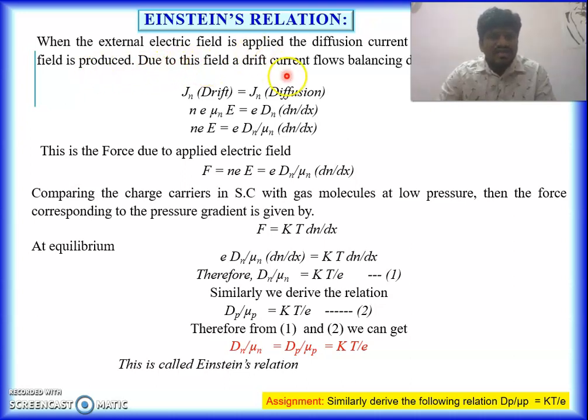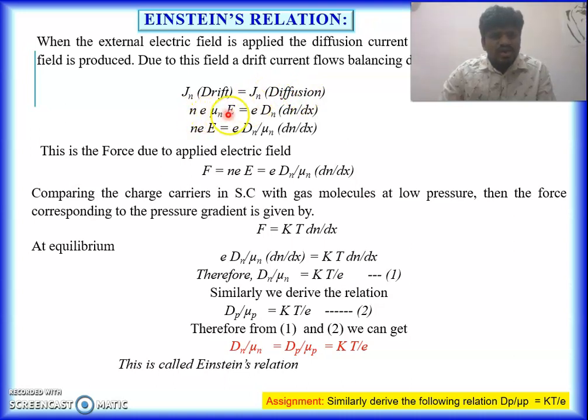Due to this field, a drift current flows, balancing the diffusion current. That means the external electric field or force will be balanced by the diffusion. Therefore, the drift current induced in the semiconductor is equal to the diffusion current in the semiconductor.